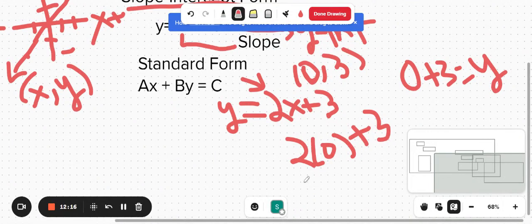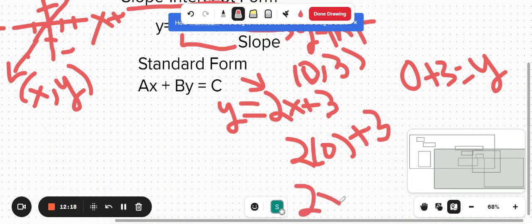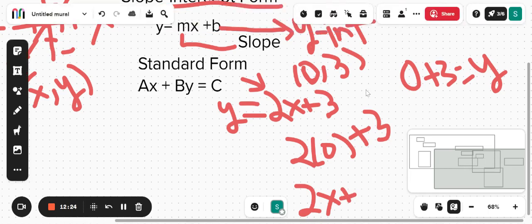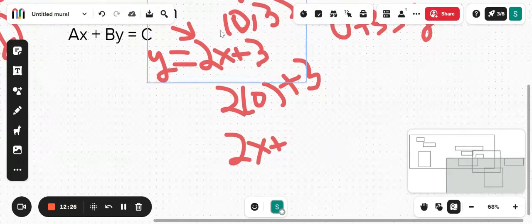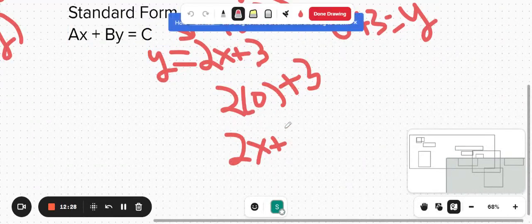So this would just be 2x plus 3 equals 0.